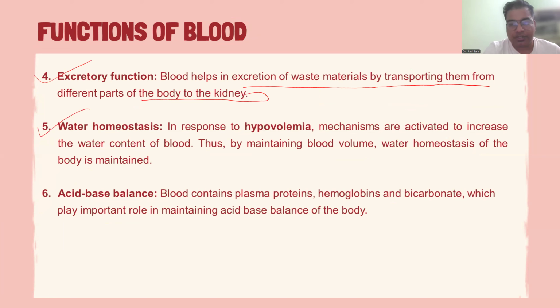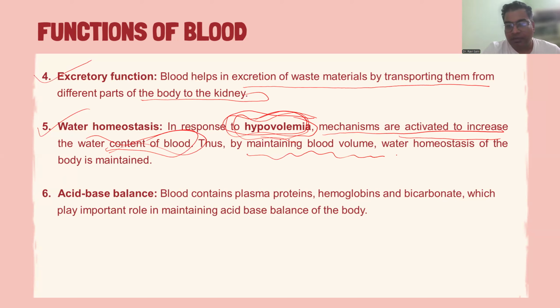The water homeostasis in response to hypovolemia: the mechanisms are activated. Hypovolemia means there is a reduction in the water content of the body. This condition activates various mechanisms to increase the water content of the body.